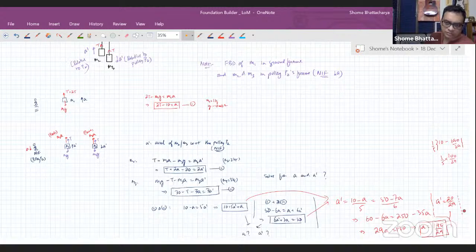So one more step is remaining, because we have to find the accelerations of M2 and M3 in the ground frame. So I'm coming to that, but we're almost there.